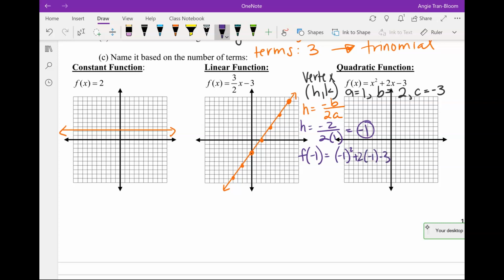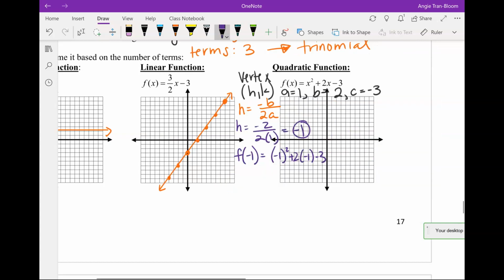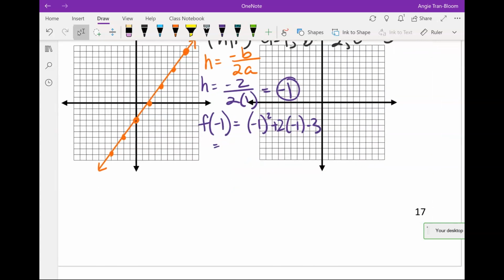What's negative 1 quantity squared? 1. So that's going to give us 1 minus 2 minus 3. What's 1 minus 2? Negative 1 minus 3? Okay, so your HK value, the vertex, is negative 1 comma negative 4.